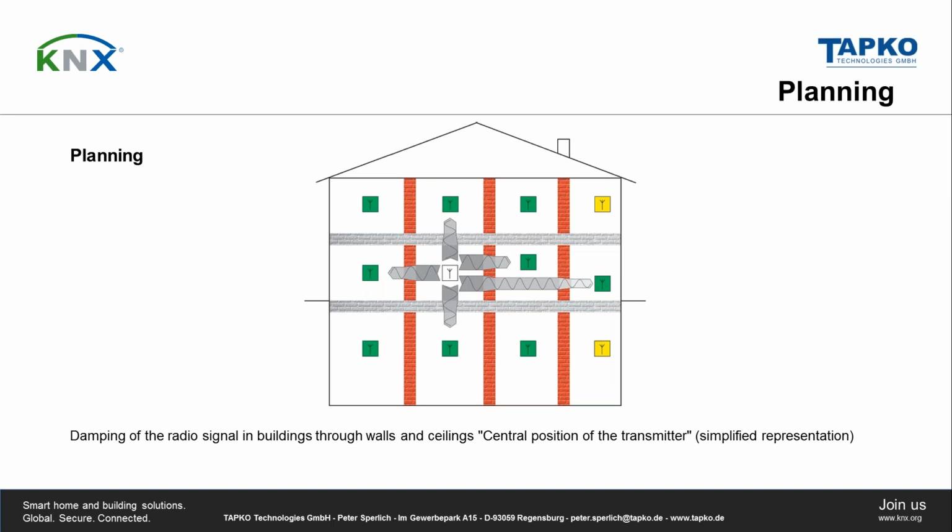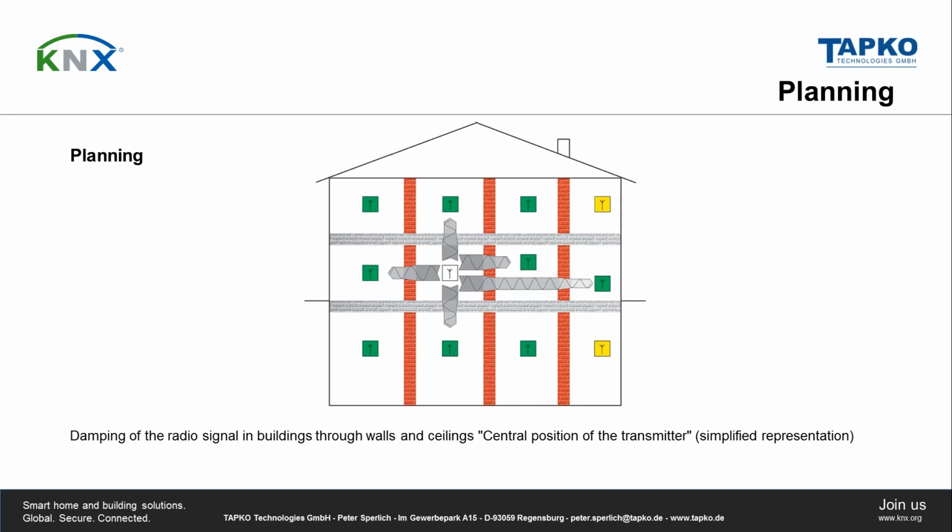When you think about the planning, you have to have the senders, for example, in the middle of the building. It's possible to use a tool, which we'll see later on, an app for the ETS, where you can check how good the transmission to the specific devices is.